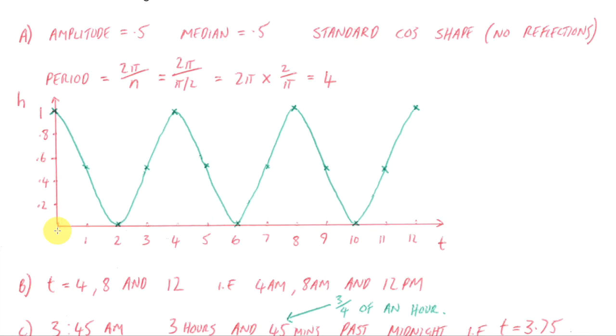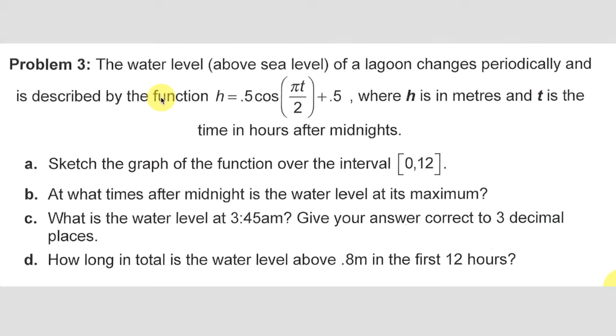I now need to consider the period, how long it takes for one full cycle of the cosine to be produced. So my period is 2 pi on n. N is the value immediately in front of the variable. So here's my function, my variable t.